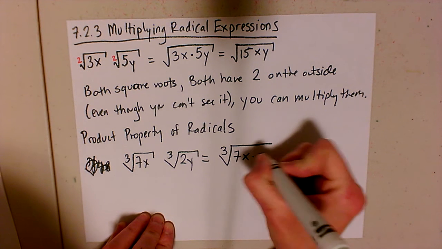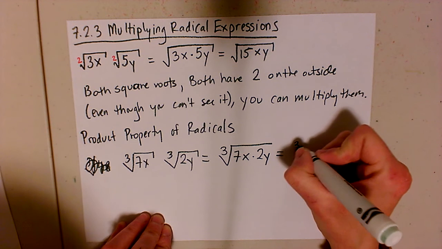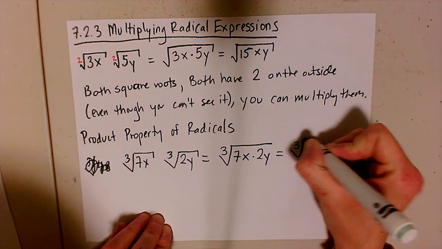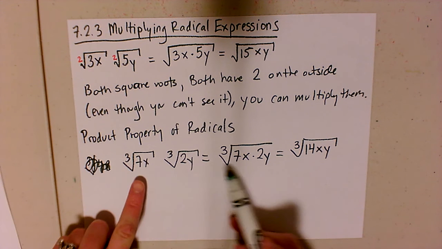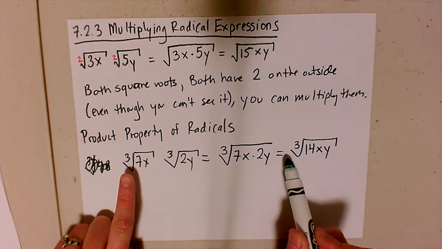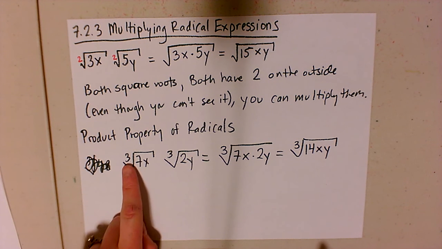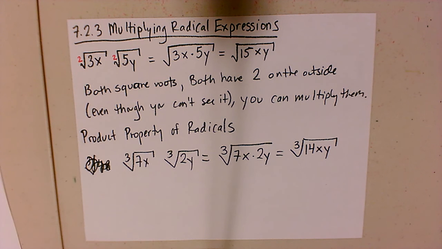So I have 7x times 2y, and we could simplify that to be the cube root of 14xy. This is a case where we can see our root, and you can see how it stays the same the whole way through. So that's the one thing to remember when you're multiplying radicals: your root never changes. It is 3 the whole way through.